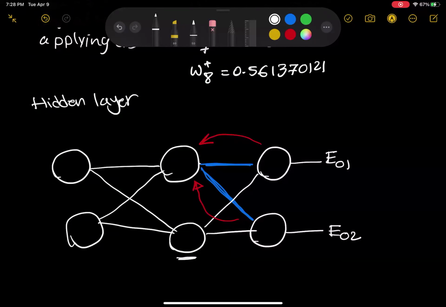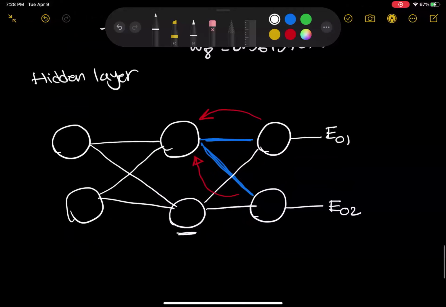So basically, I calculated W5, 6, 7, and 8, right? Now, here I have out and I have net, right? So we have this part. Now I have to calculate W1, right?